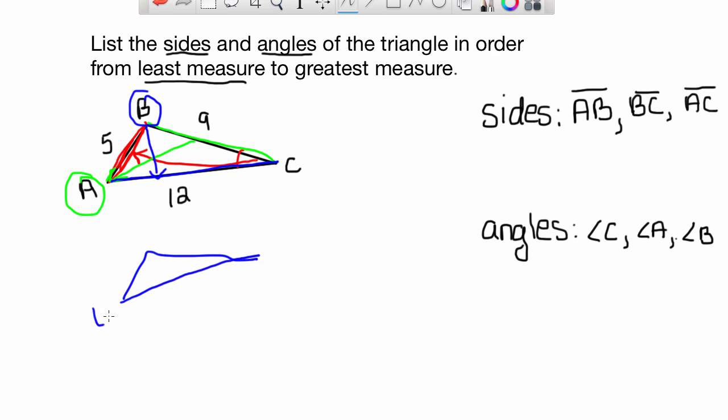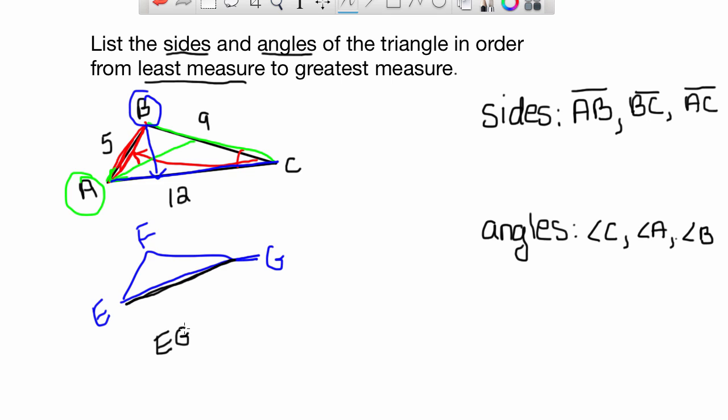So if this is angle E, angle F, and angle G, since it's a triangle, you know that the side is going to be named by two vertices. Let me go to black. So this side right here is side EG.